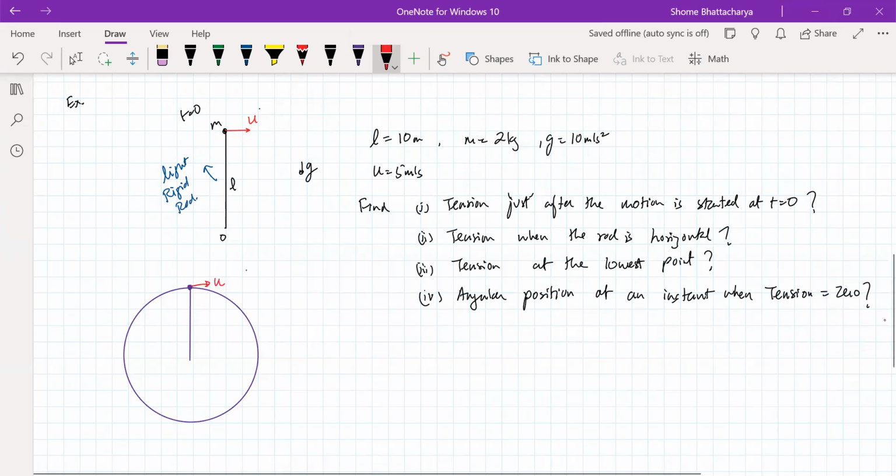If I assume, for example, that the tension is in this sort of direction, then I'll get tension as a negative quantity.